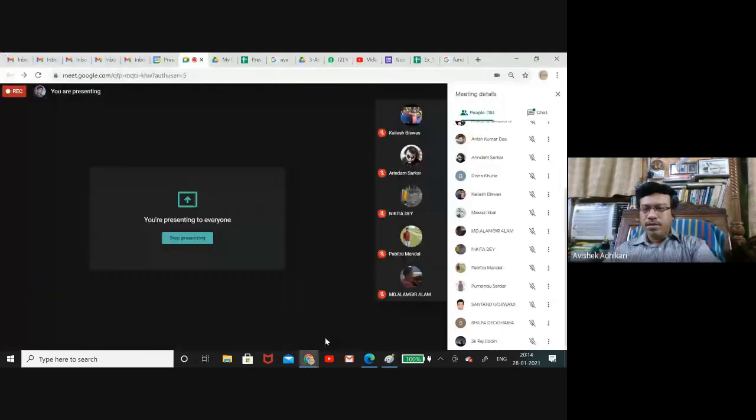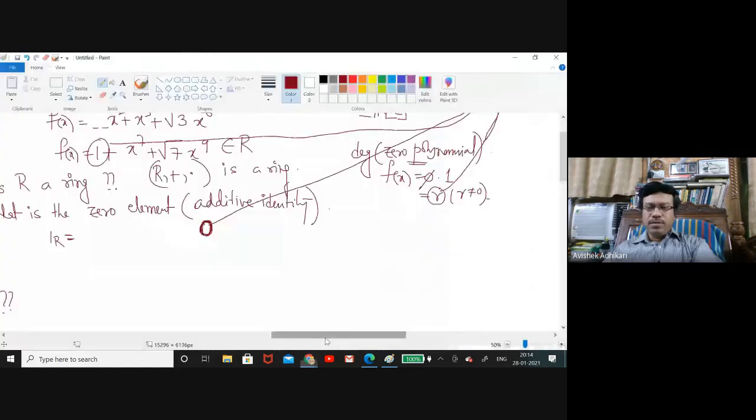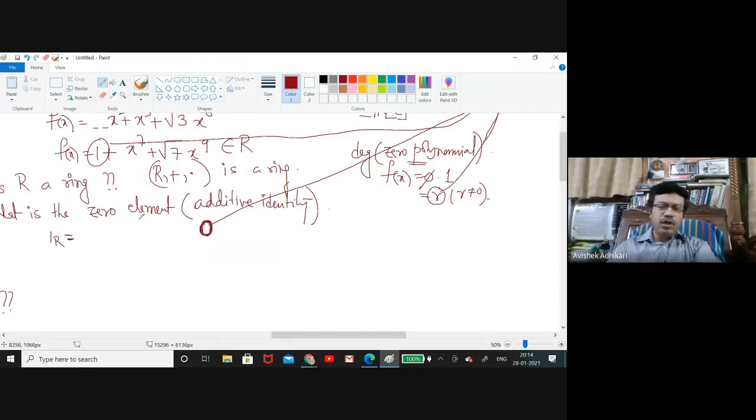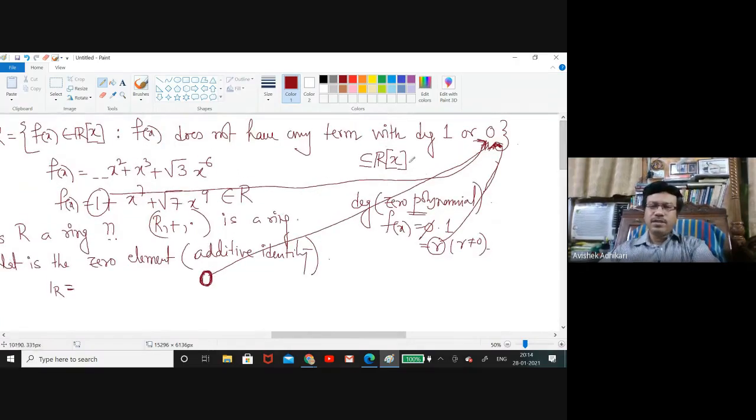Okay, Shilpa, what would be the multiplicative identity? Sir, I'm thinking. So usually what element should it be? For R[x], what is the multiplicative identity? One.